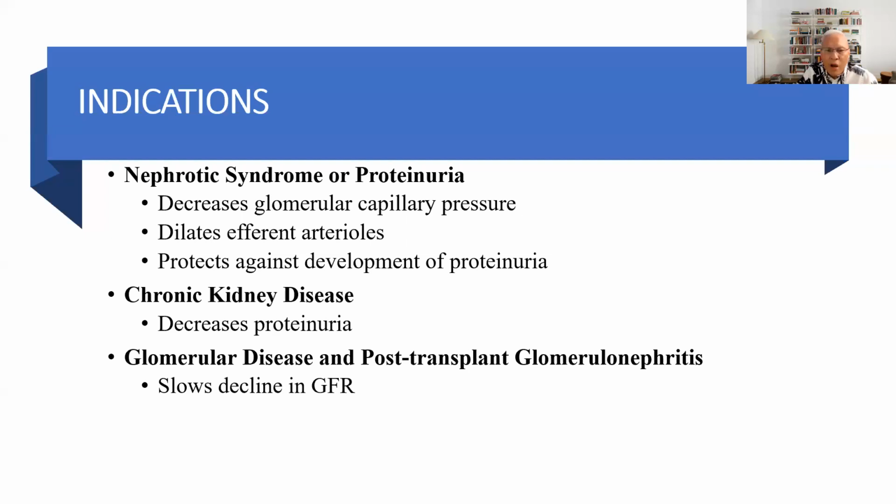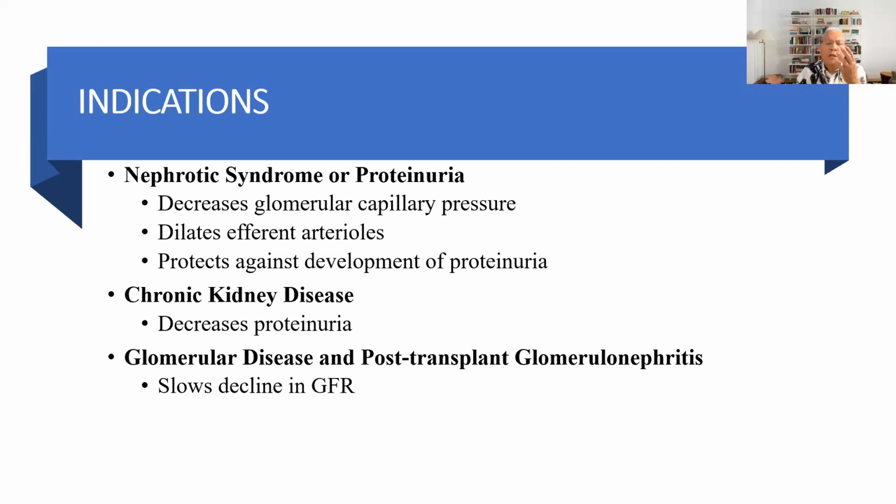As well as in chronic kidney disease, because it decreases proteinuria. And of course, anytime there are other diseases of the kidney, such as post-transplantation, for example, or glomerular disease. What it does is it decreases or slows down the decline in glomerular filtration rate.